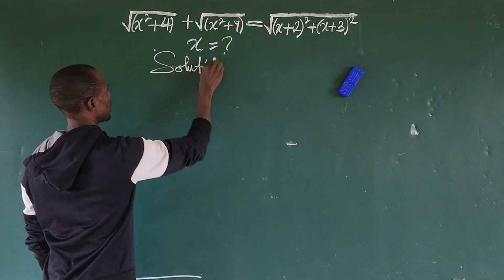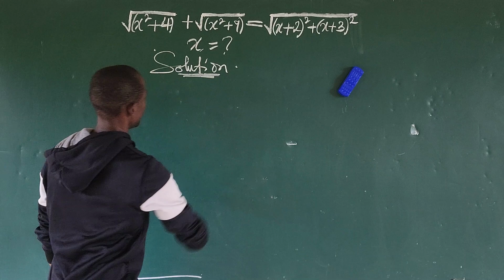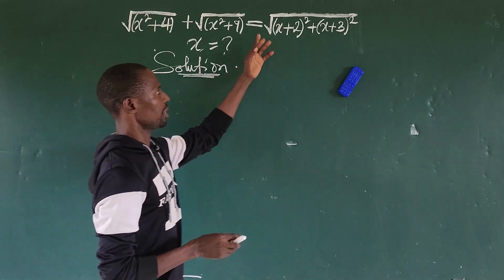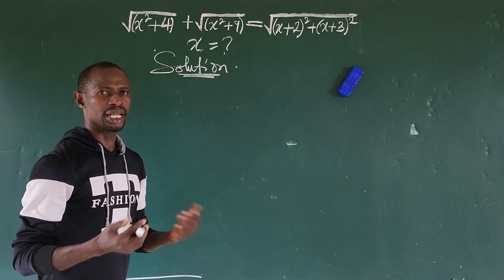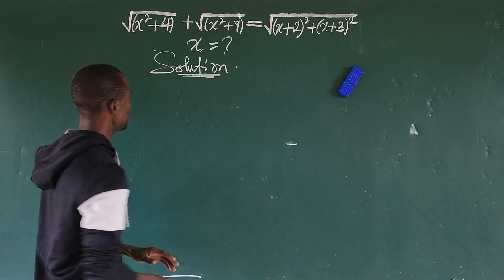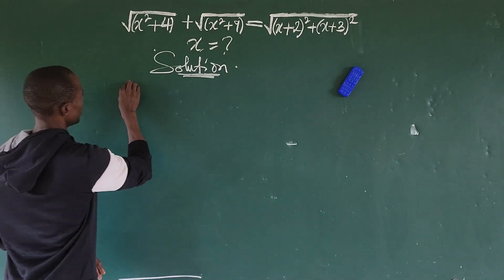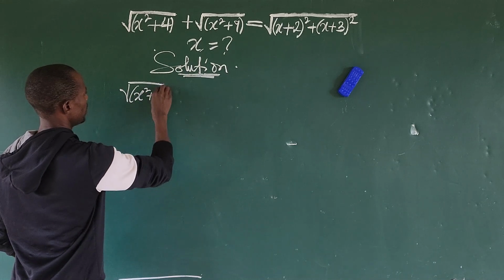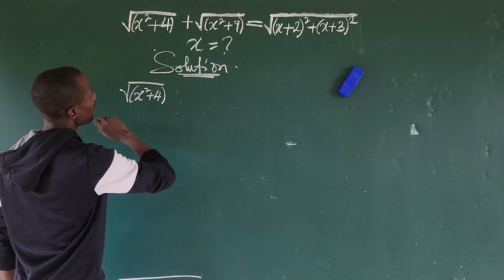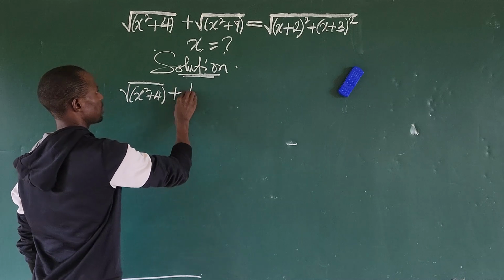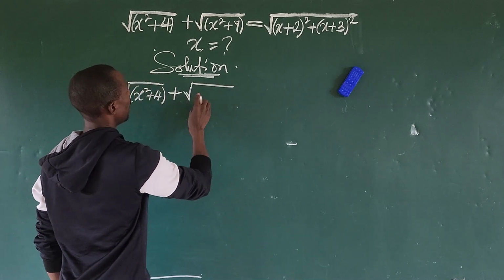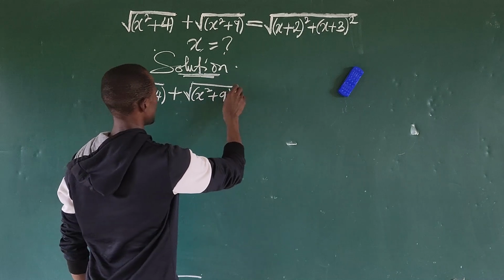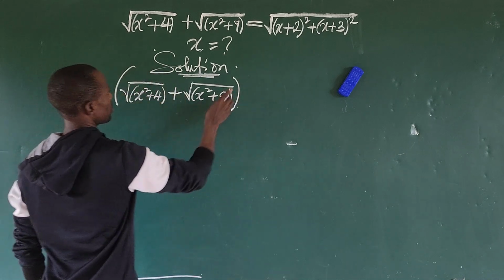So we have the solution. The first thing we're going to do here is to eliminate this radical. And how do we do that? We take the square of both sides of the equation. So this is going to give us the square root of (x^2 + 4) plus the square root of (x^2 + 9), all squared.